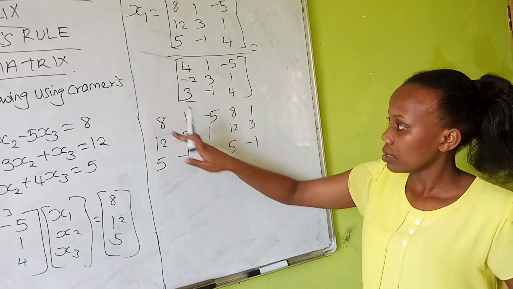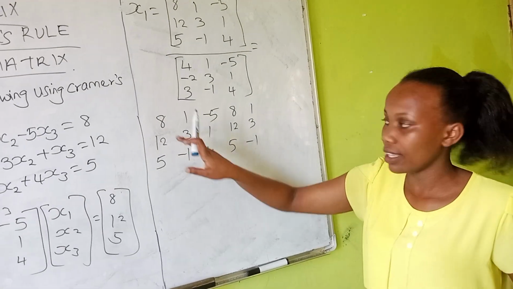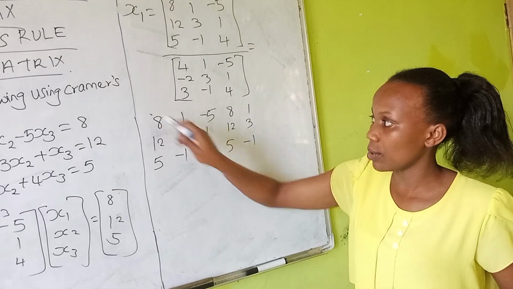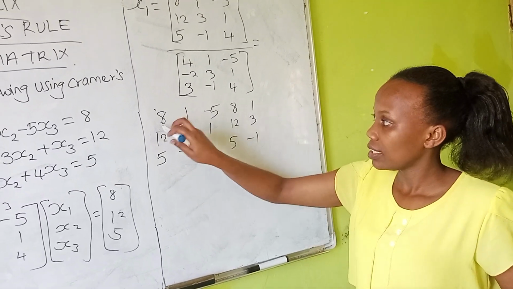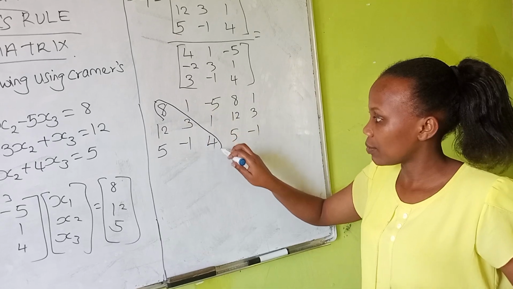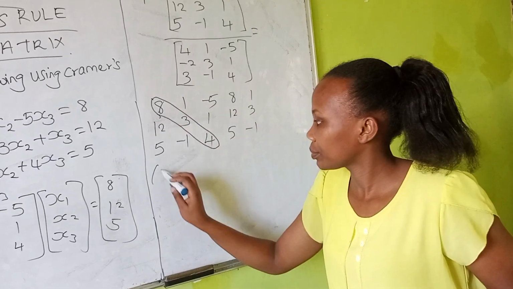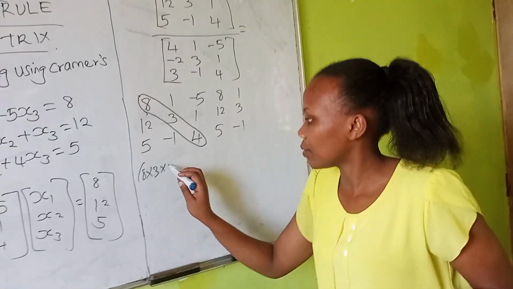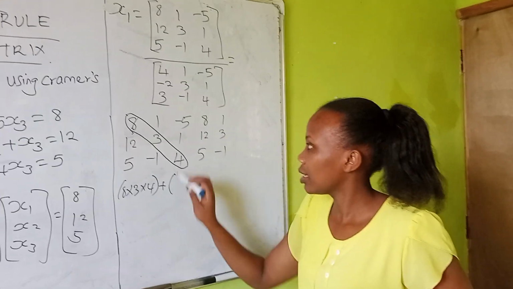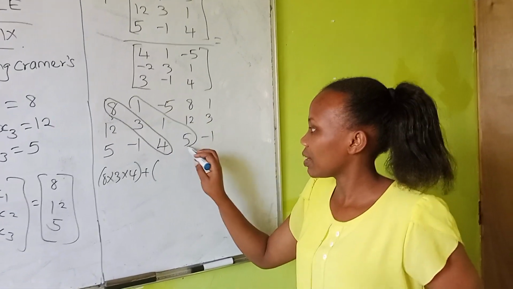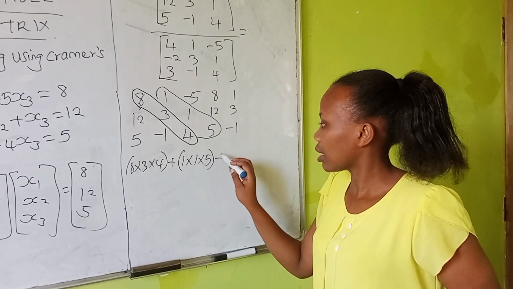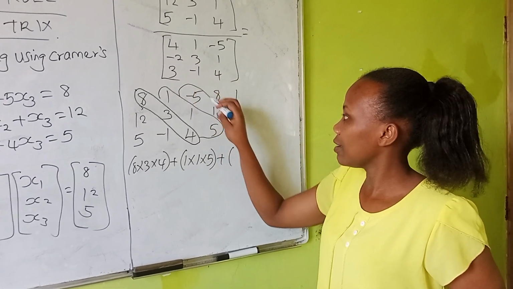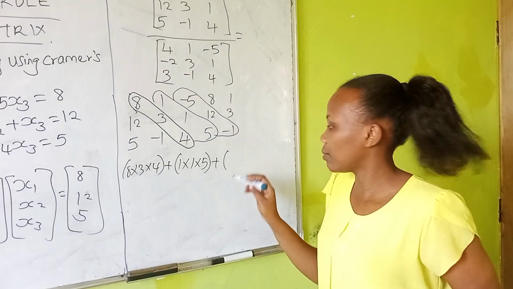Then you are going to multiply them while slanting, starting with the 8, the one that is at the topmost. So 8 times 3 times 4, you add with 1 times 1 times 5. Then you add with -5 times 12 times -1.